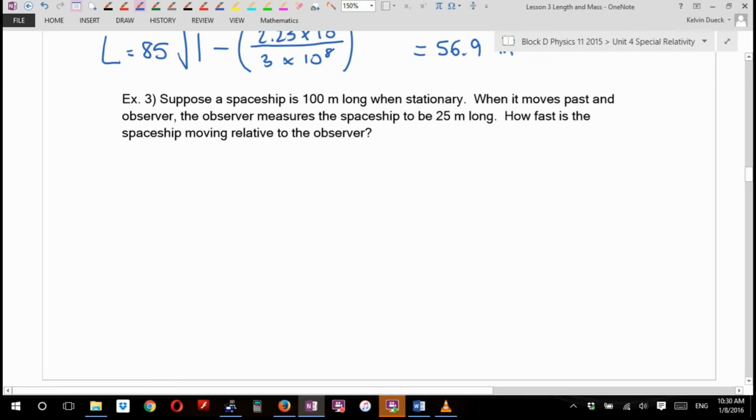Suppose a spaceship is 100 meters long when stationary. When it moves past, the observer measures the spaceship to be 25 meters long. How fast is the spaceship moving relative to the observer? Whew. What's this question asking me to find? Okay.